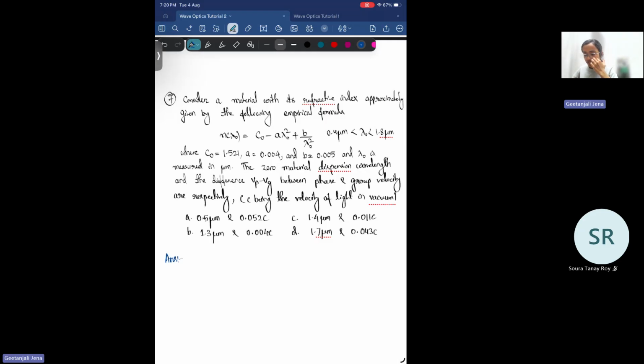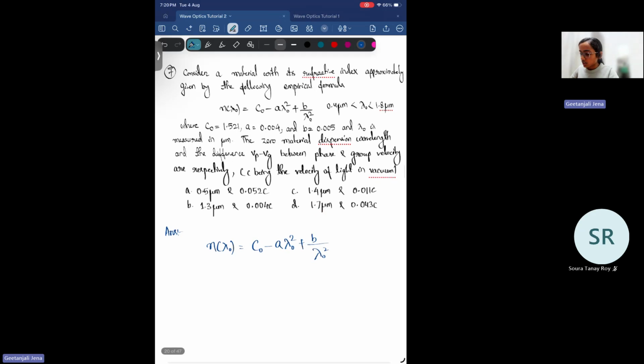So there is a material with refractive index approximately given by n of lambda 0 is C0 minus A lambda 0 square plus B over lambda 0 square. This equation is valid between wavelength 0.5 micrometer to 1.8 micrometer.